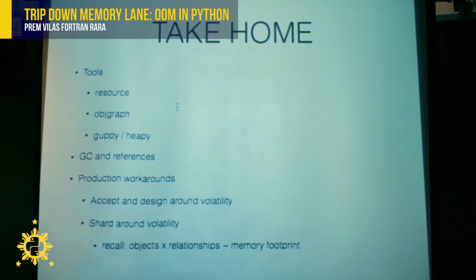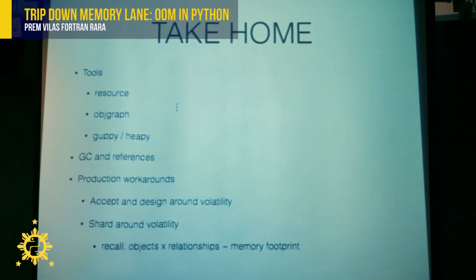And this is, I think, where we spent most of our time while we were deep diving the thing: the production workarounds, because the thing is already in production. Two things I want to mention. First is you have to accept that there's a leak. There's really something wrong. And then we respond to it by allowing our orchestration to work around the leak. So the node should be disposable.